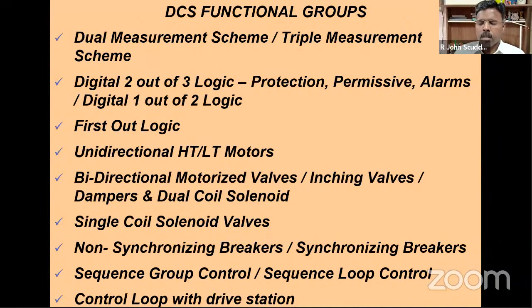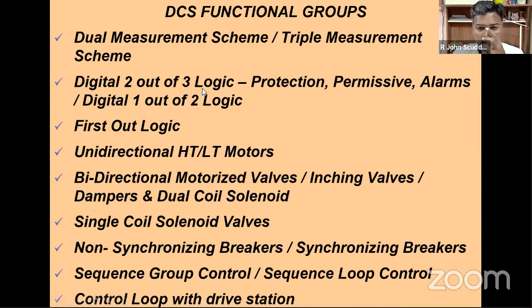But to make it 100% accurate, we install 3 different transmitters, and carry the signals in 3 different wires or cables, coming to 3 different modules, which may be housed in 3 different controllers also, or panels also. So there is no chance of error happening in a trip system. So these are all very, very important.